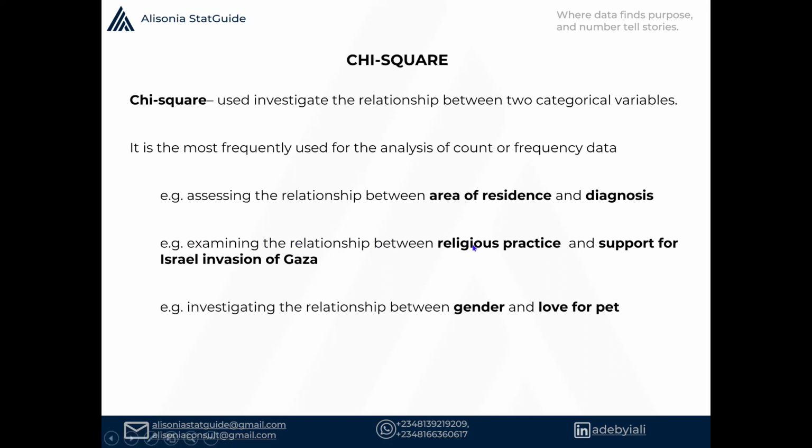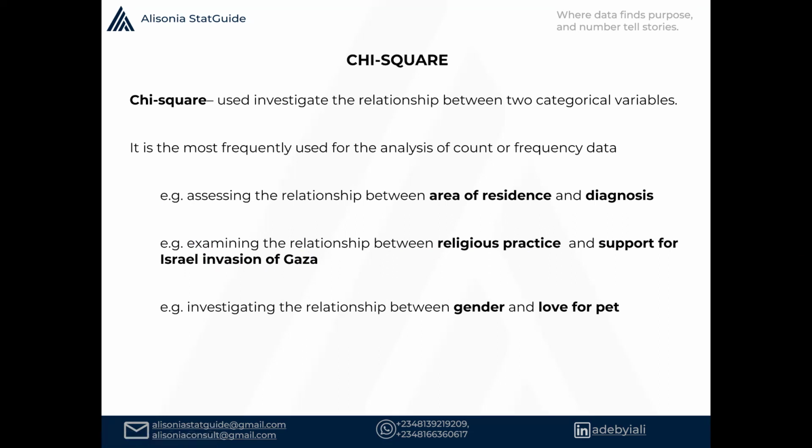Another example: examining the relation between religious practice and support for Israel's invasion of Gaza. This is common in our time right now, so that's why I use this example. So we can use chi-square for that too. Because religious practice, they are Muslim, Christian, Jew, a lot of them, and support for Israel's invasion of Gaza, are you in support or not in support?